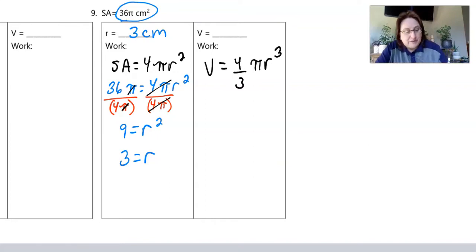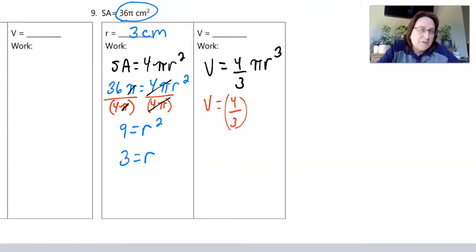Now we don't know the volume. That's what we're looking for. So volume equals 4/3. Remember how I talked about putting 4/3 in parentheses at the beginning of this video? 4/3 pi r. Well, guys, don't we know the radius? Yeah, we know that the radius is 3. We just found it right there. So that would be 3 cubed.